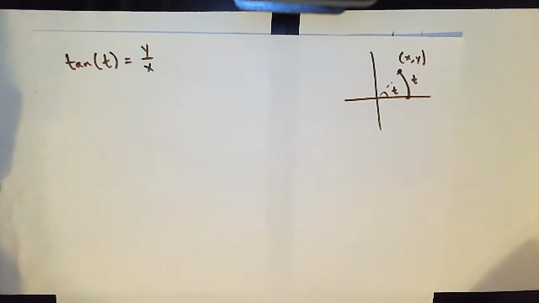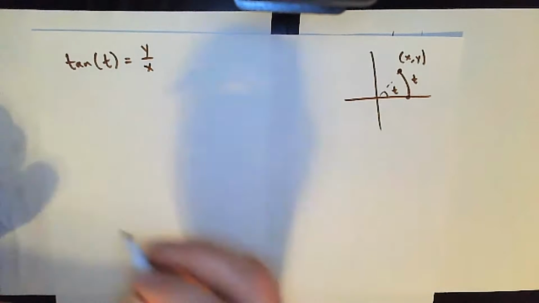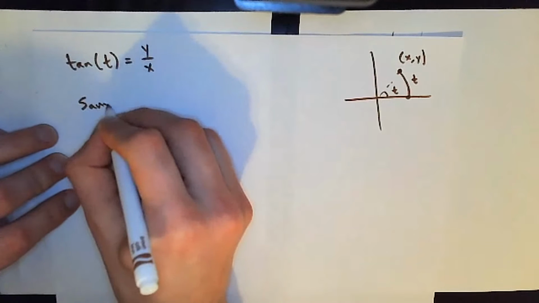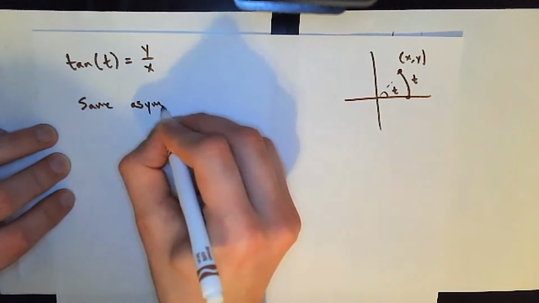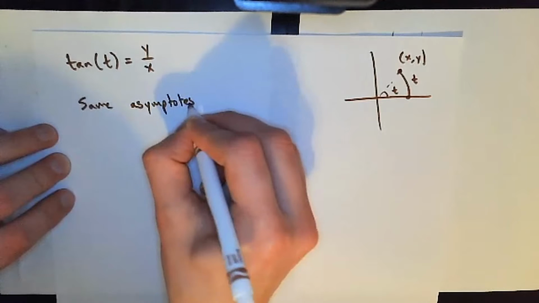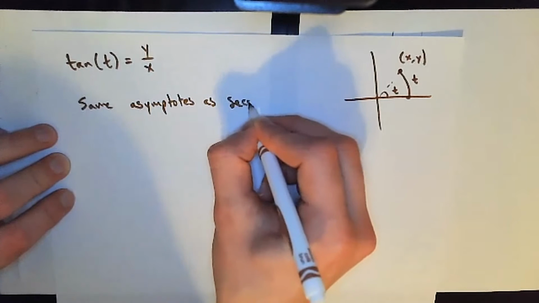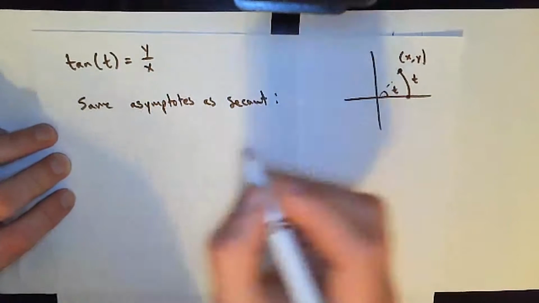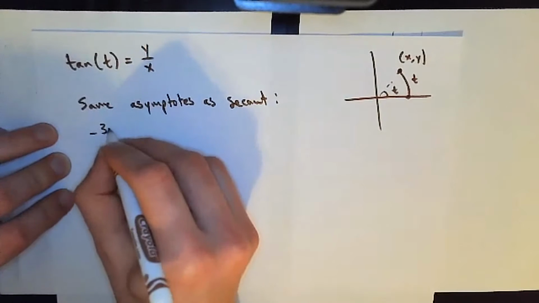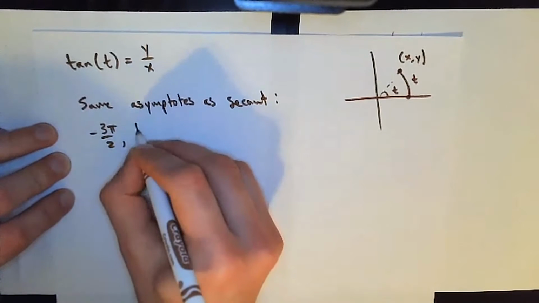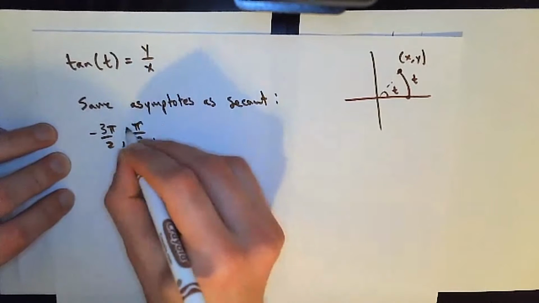Okay, so we're going to have domain issues where x is 0 again. So that's like secant. It's going to have the same asymptotes as secant, namely the odd pi on 2 values.